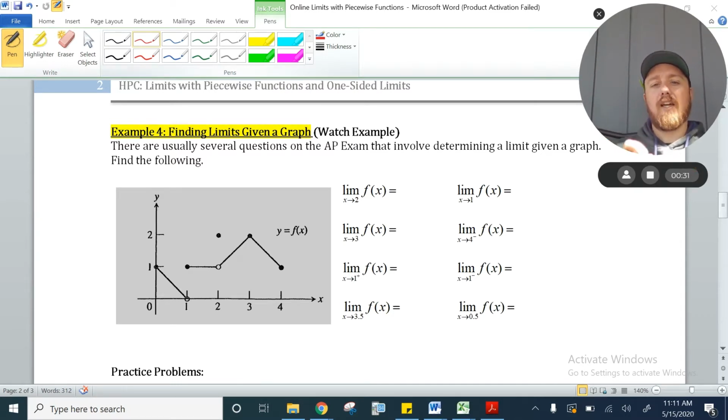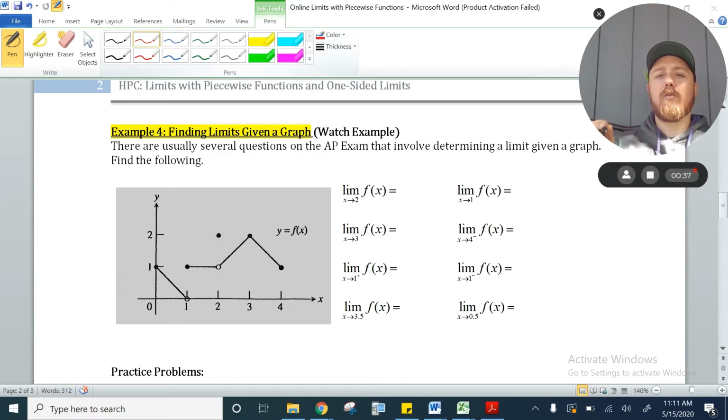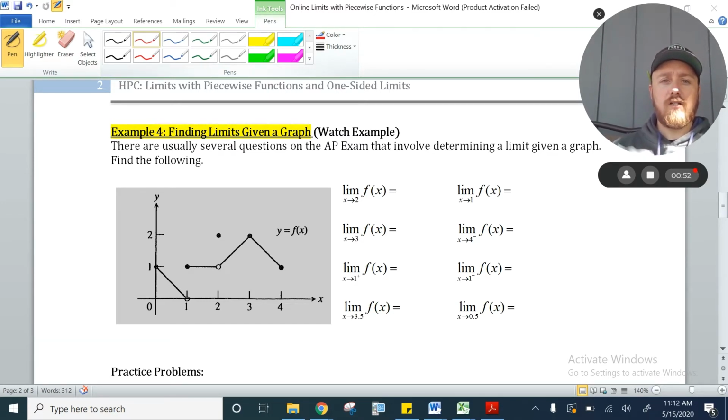And the reason they like that is with just a graph, you don't know what the equation is. You can't just plug the equation in the calculator, run some numbers, and figure something out. You have to really, at the core, understand what's going on because you don't have a calculator to help you. So, anyways, that's our topic this week.